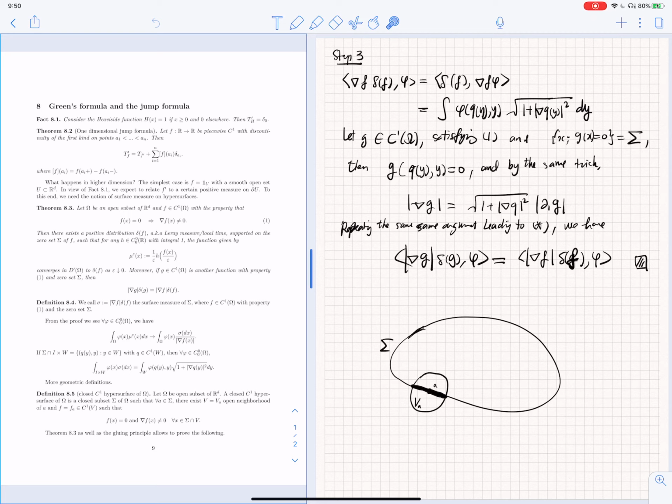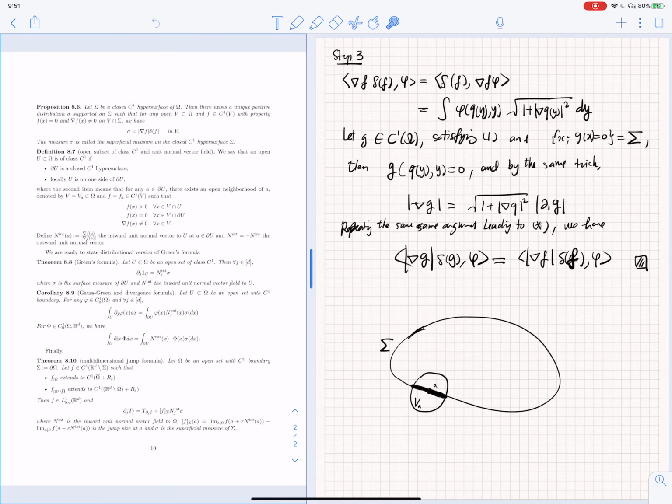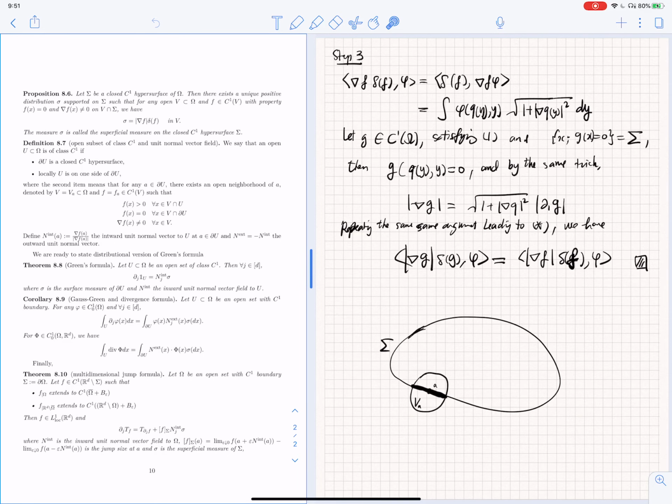Okay, so long as we have a surface of this kind, then we can also define, with exactly the same proof by using the gluing principle, a surface measure on this kind of surface, which is more general than just the zero set of a particular C1 function. So we can have a slightly more general definition of the hypersurface and the surface measure on the hypersurface.